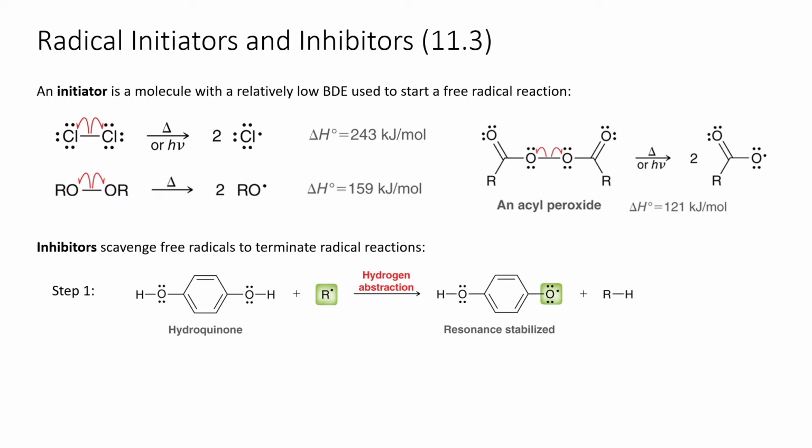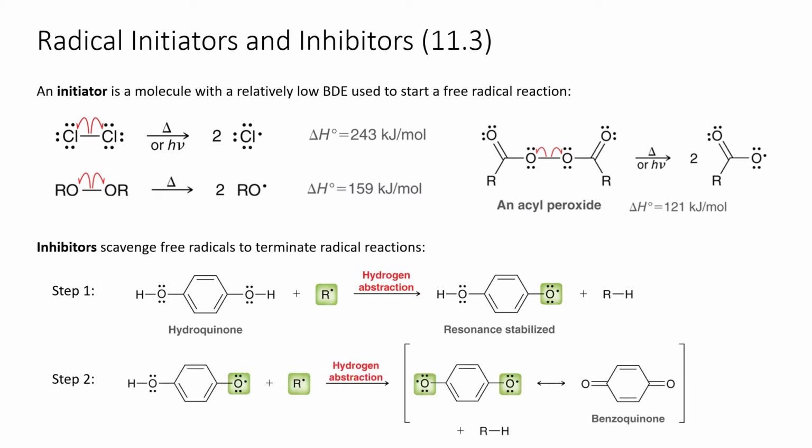Here we see hydroquinone, and so it's considered to be a scavenger. So again, we have hydroquinone, and we see we have this radical. So the radical then does a hydrogen abstraction, which is basically a propagation step, and we form this resonance stabilized species here, and we get RH.